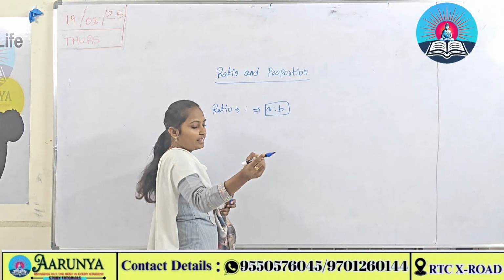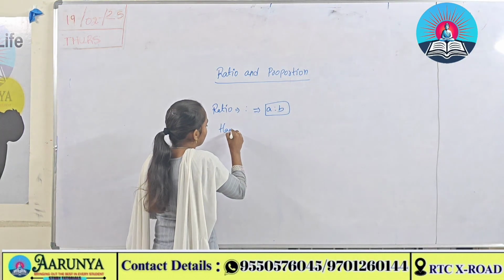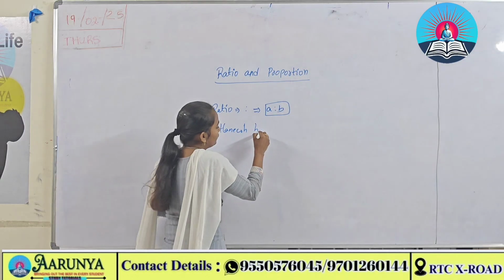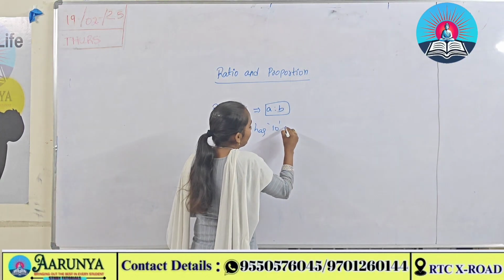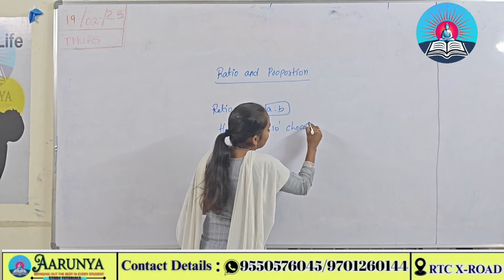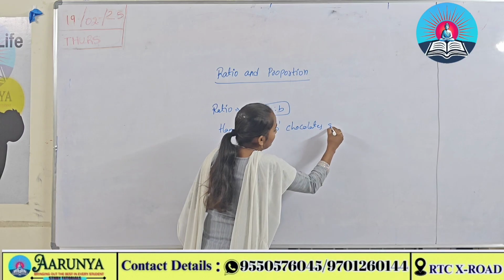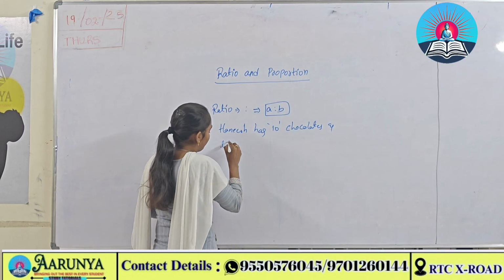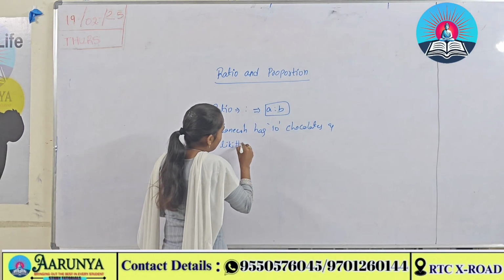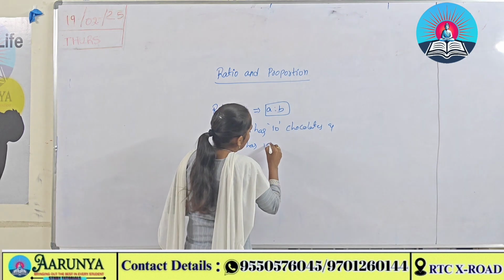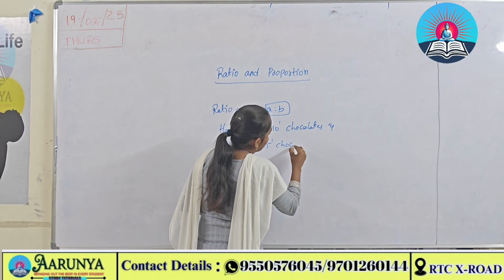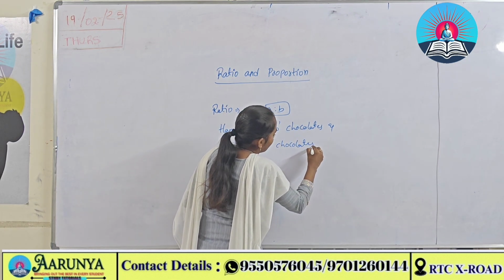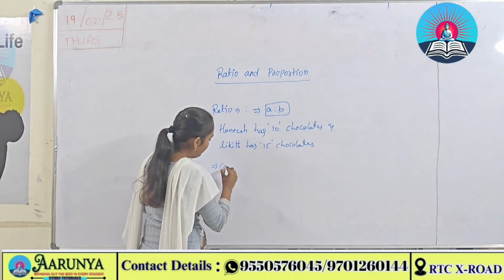So suppose Hanish has 10 chocolates and Likit has 15 chocolates. How can I compare both of them?